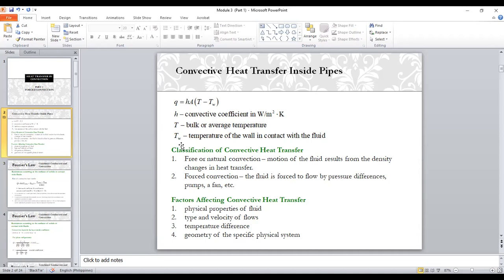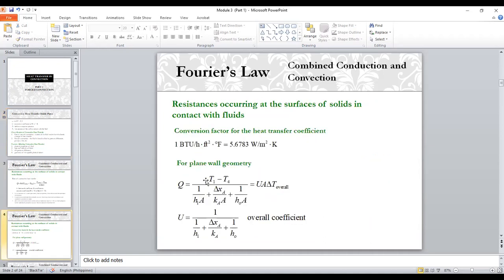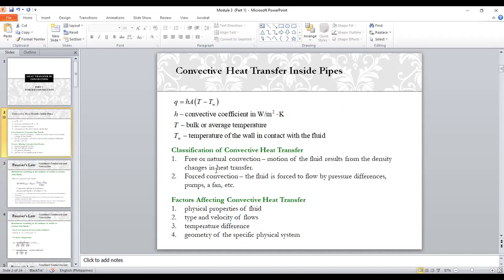In the overview that I read to you a while ago, the wall temperature is given as T sub 1, and the bulk temperature is given as T sub B. But in Geankoplis, this is how we represent the two temperatures.